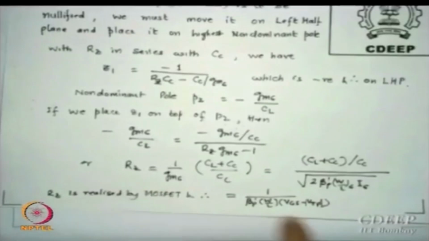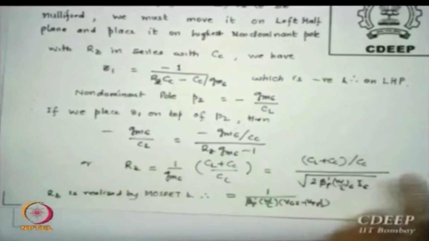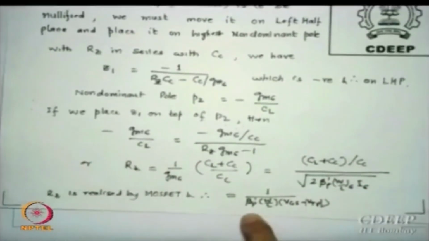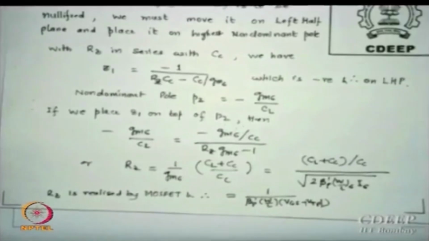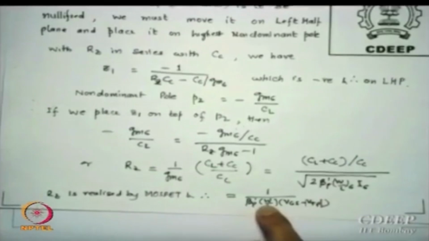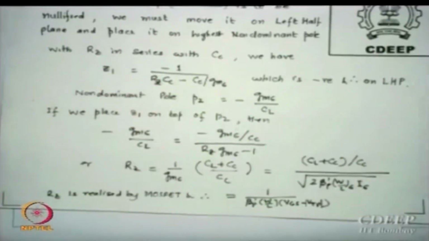I know GM6 where I evaluated it, so this is the expression. So RZ can be realized once I get this RZ value, then using this expression, if it is in saturation or non-saturation, get the correct expression and evaluate W for that RZ. For that RZ value, evaluate the W value, put that value such that Z1 is exactly at P2. Is that clear?